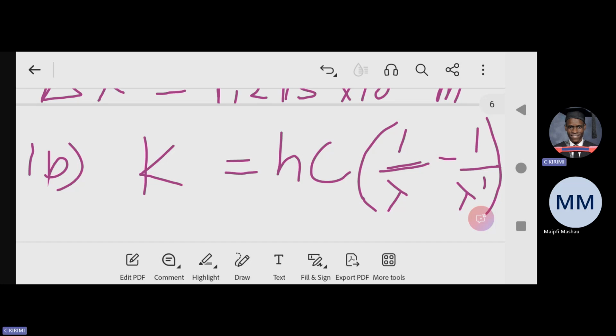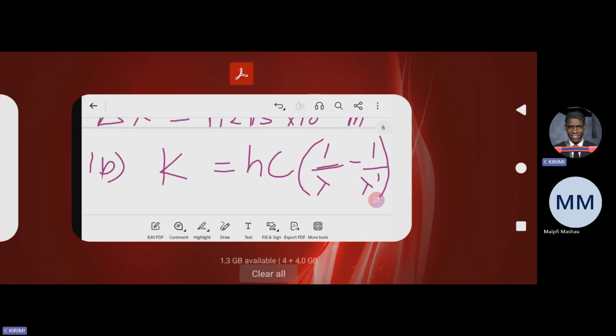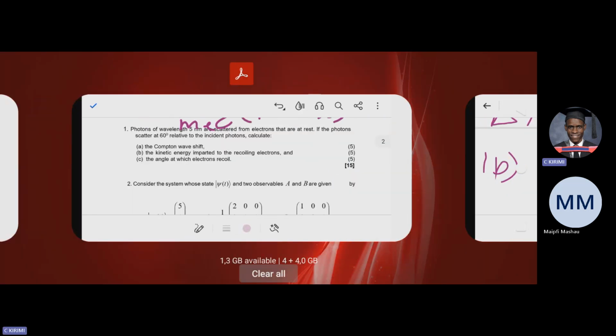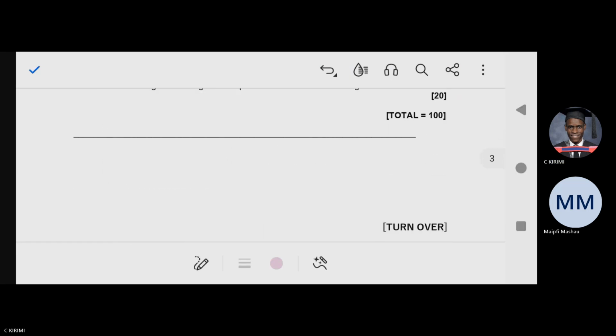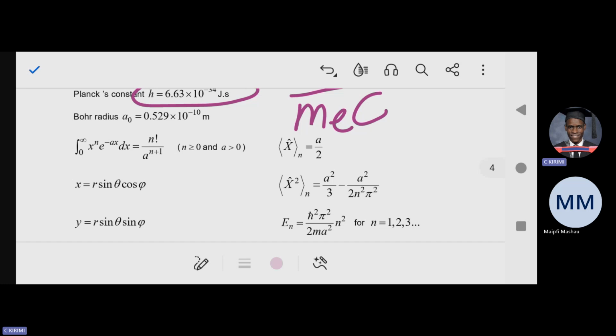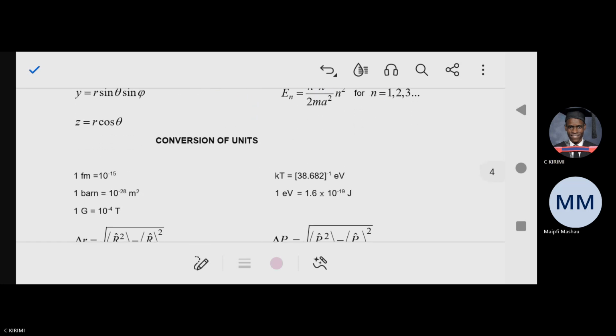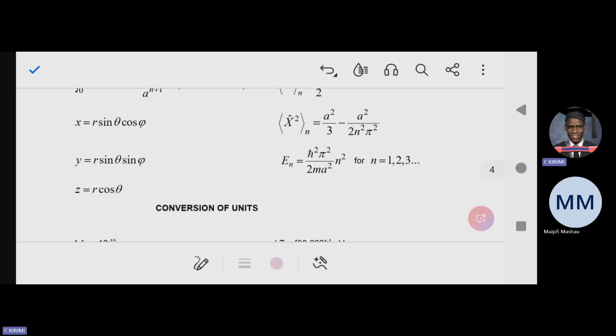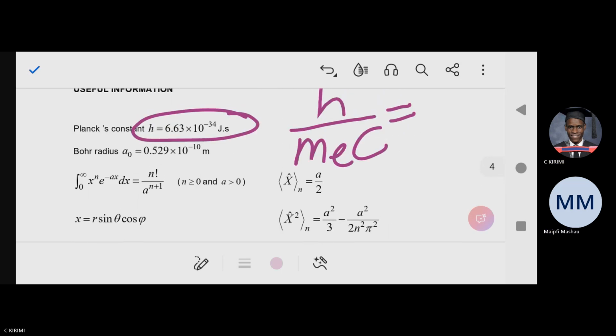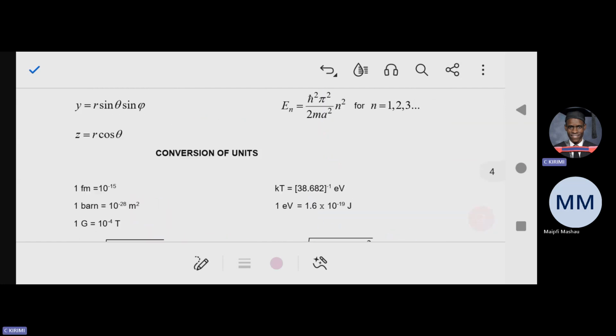Right. Then, what is the value of hc in terms of electron volts? You check on your question paper, the information sheet you are given. hc was not given, so this value you must already know.